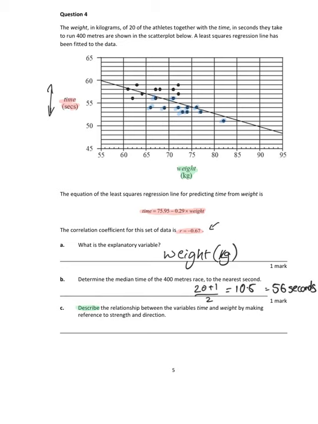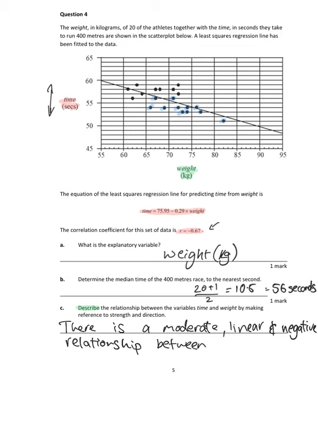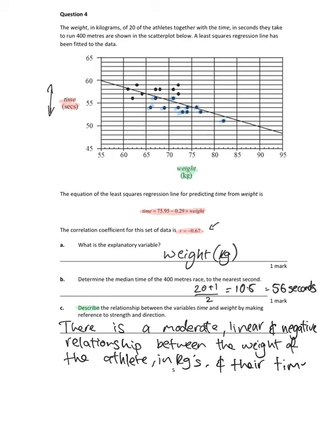So you could say that there is a moderate linear and negative relationship between the weight of the athlete in kilograms and their time in the race. Cool.